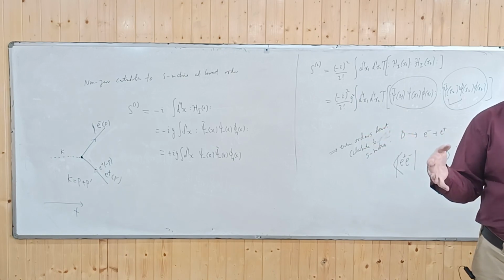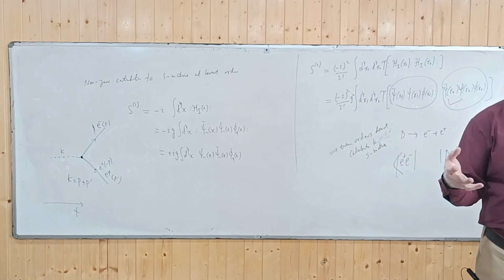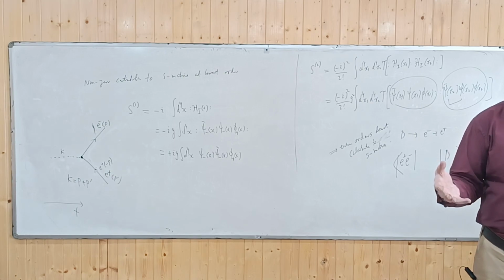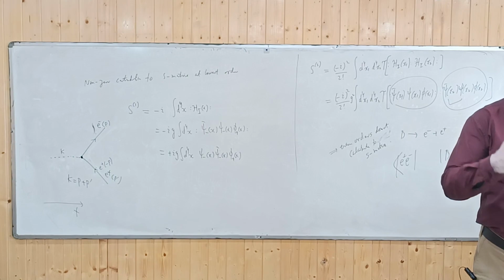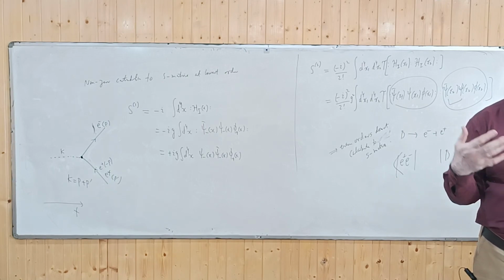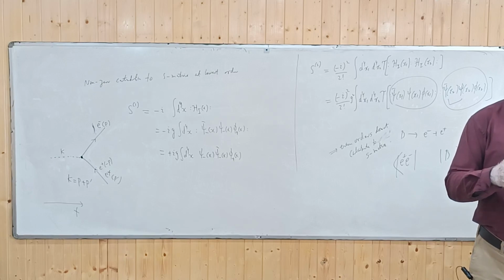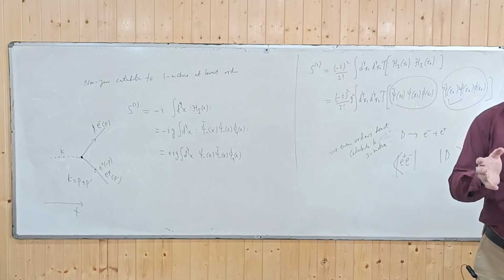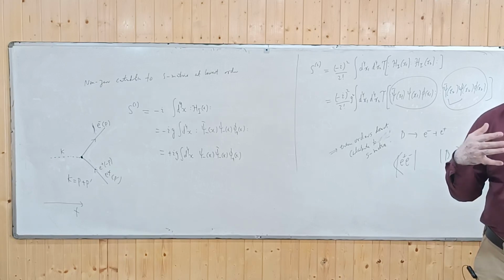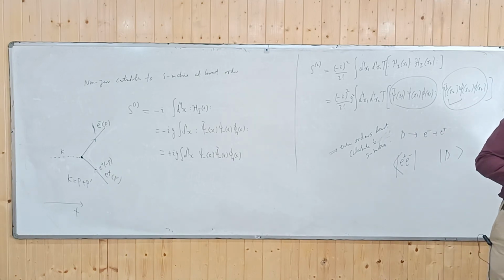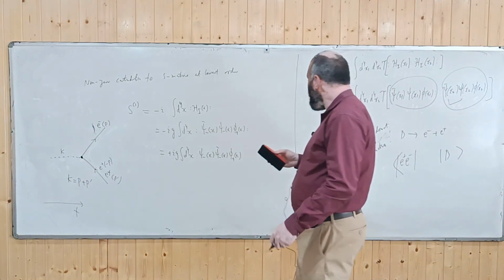But how many are remaining? 6. 6 you can pair up, so there will be no additional field. So all the odd order terms will contribute to the process. The first non-trivial contribution to this S matrix will come from the third order term. Let's check that.